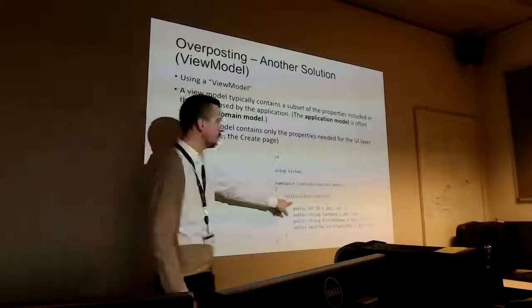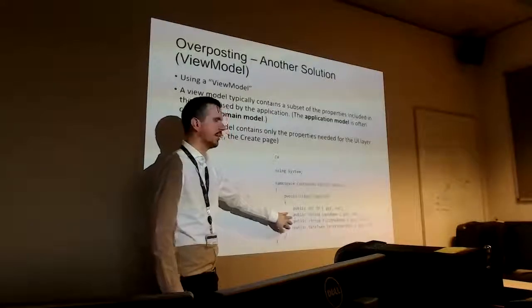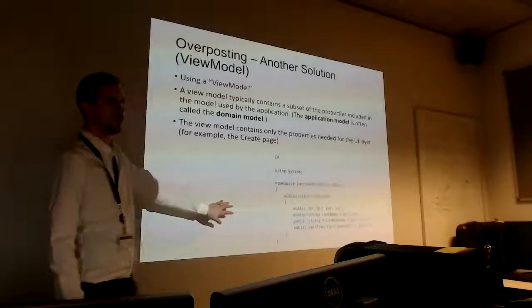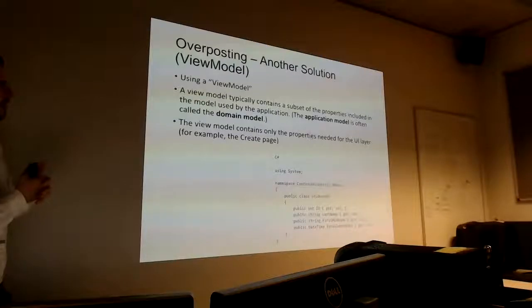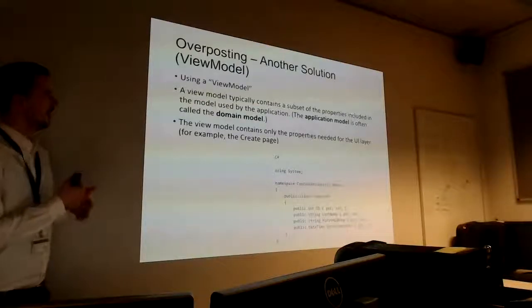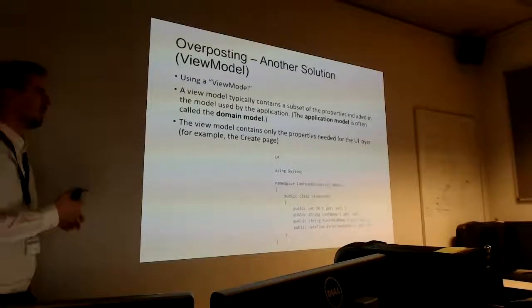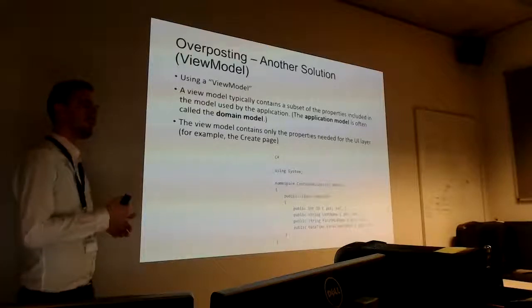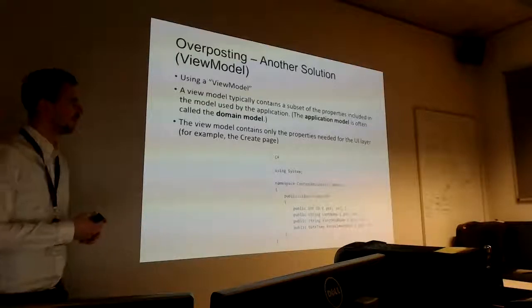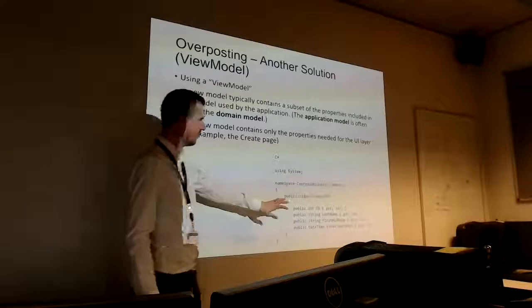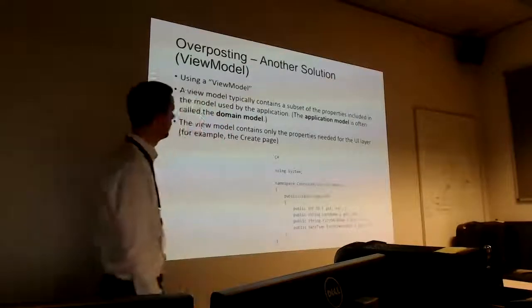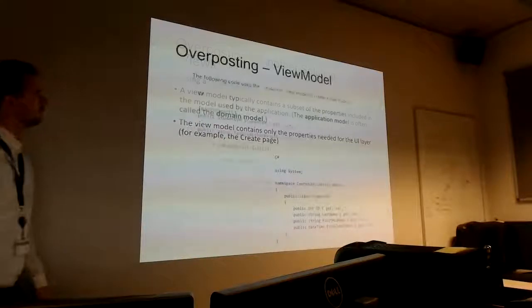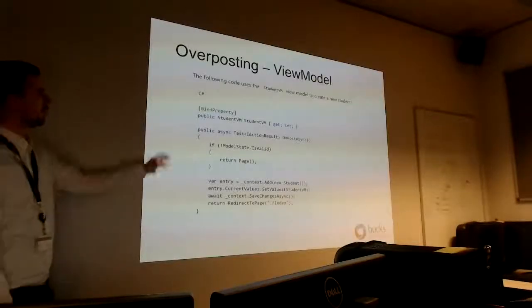And this has the subset of the attributes, just the attributes that we want a user or a student to update. Then we can connect it to the view and make it work that way. And we know that that view, that page, will only let a user update the attributes that are in this view. It's just another way of doing it.